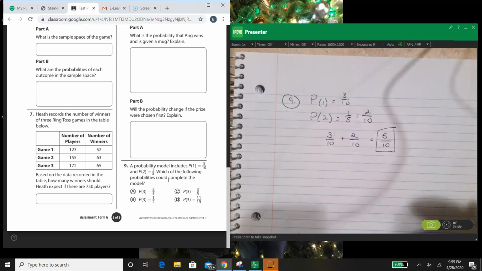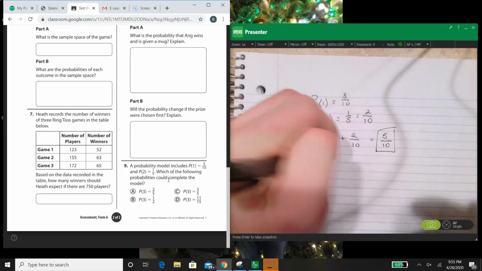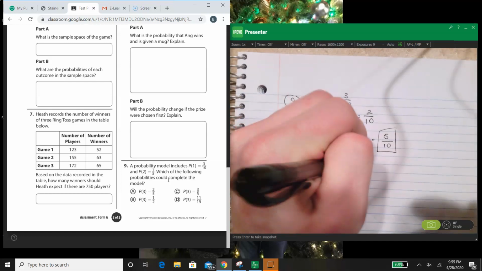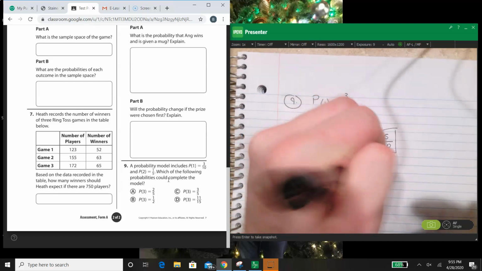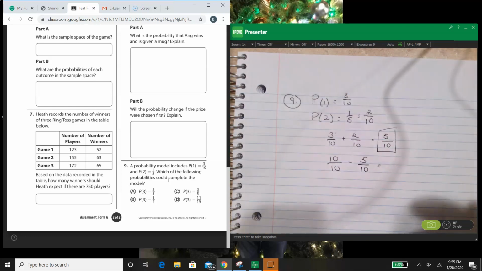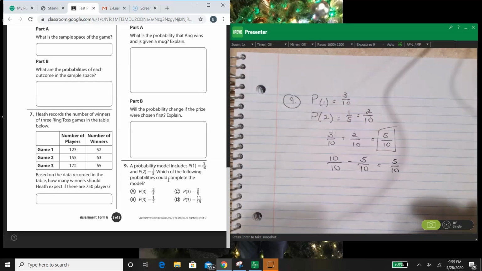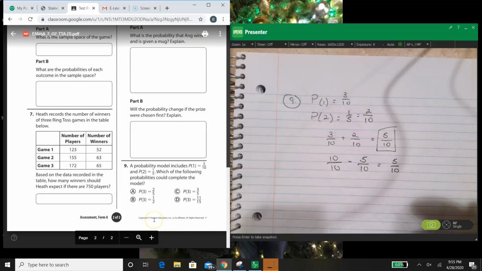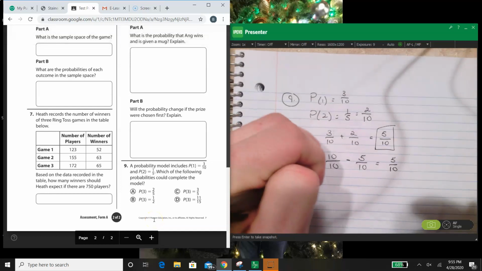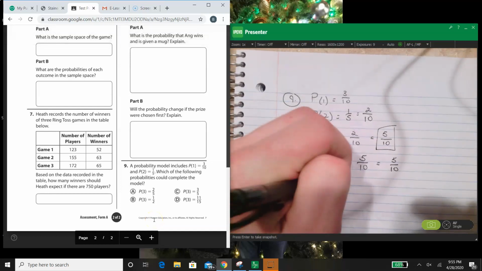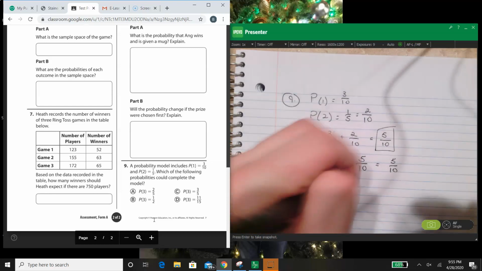I want to get to 10 over 10. So how far away from 10 over 10 am I? Well, 10 over 10 minus 5 over 10 is going to be equal to 5 over 10. So I know based on my options here, I'm looking at the probability of 3. The probability of 3 has to be equal to 5 over 10.